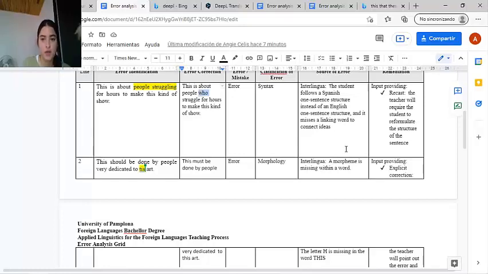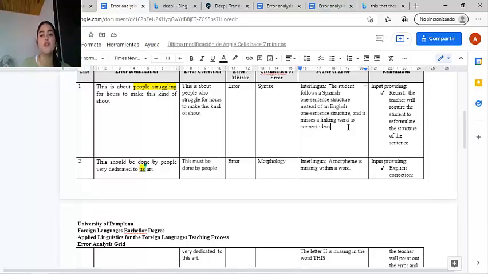So I consider the source of this error is related to interlingual transfer. Why? Because the student follows a Spanish sentence structure instead of an English sentence structure. And obviously because a linking word is missing.